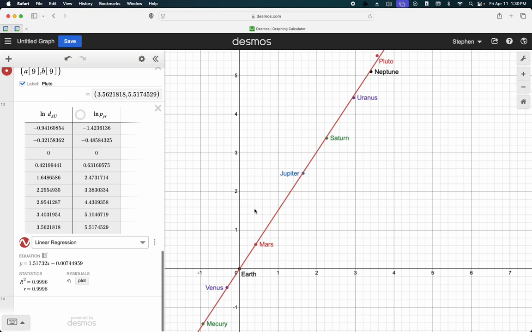Okay, all good for that? And we need the LN. Kepler's third law is the name of the assignment.